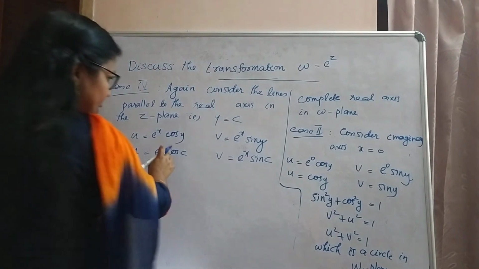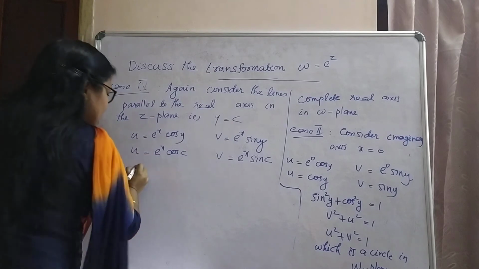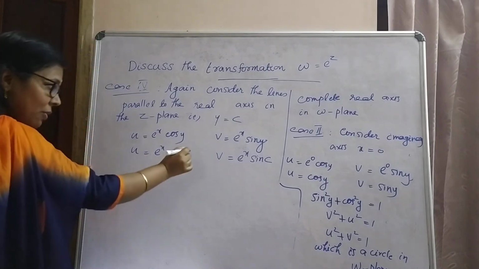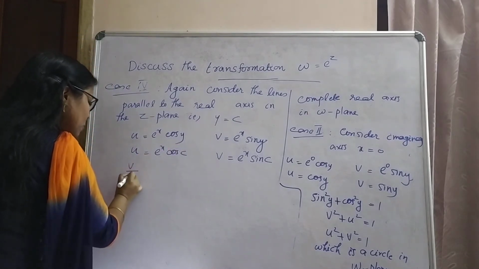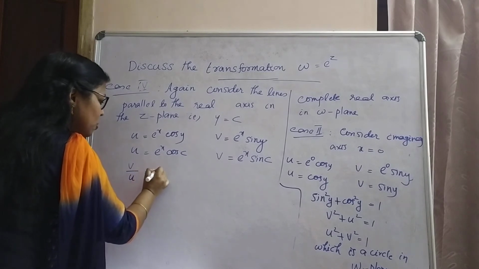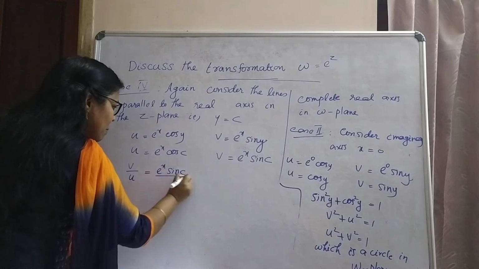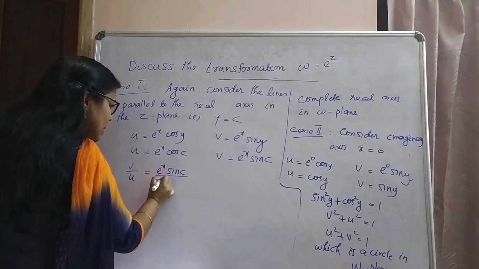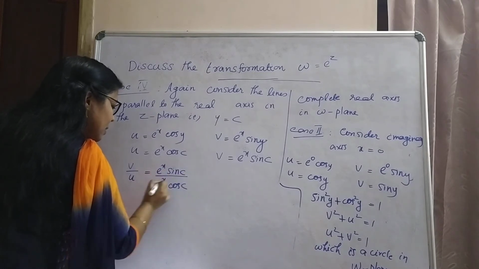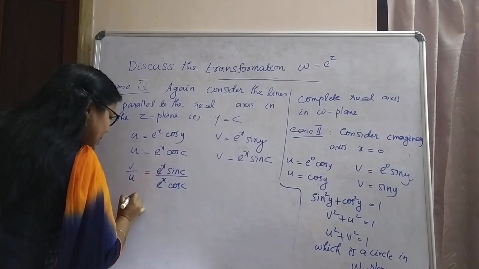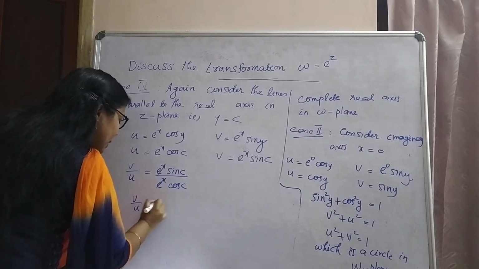For eliminating x between these two equations, we have to divide v by u. v by u equals e raised to x sin c by e raised to x cos c. E raised to x can be cancelled, then v by u equal to tan c.